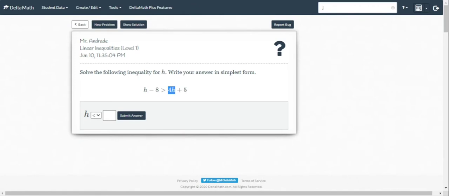And we have to add the 8 to the other side to give me 13. So we're going to end up with negative 3h is greater than 13. And so you're going to have to divide by negative 3. And you're going to end up with h is less than negative 13 over 3.